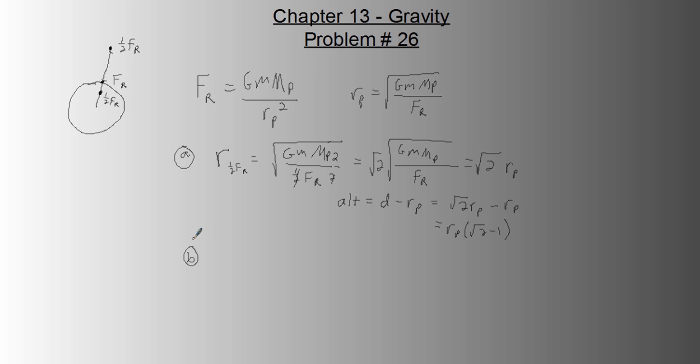Alright, part B is asking where, if you dig a tunnel into the earth, is the force half Fr? How deep? First thing, we need to take advantage of the fact that it's uniform density. So density inside equals density at the surface.